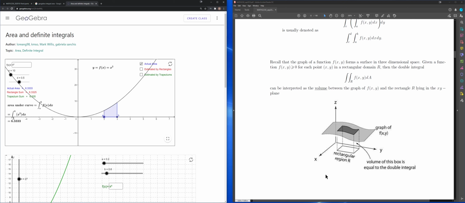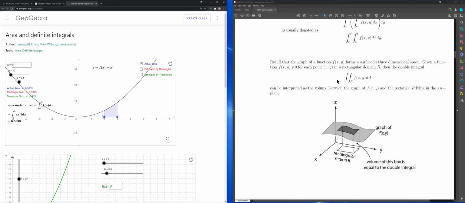Now what I want to do is compare this visual interpretation of a definite integral to your interpretation of a double integral. It's in fact similar.